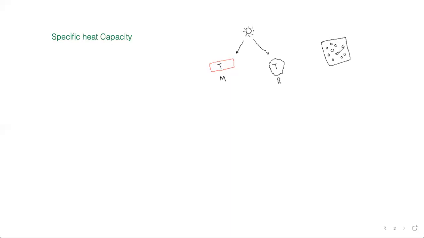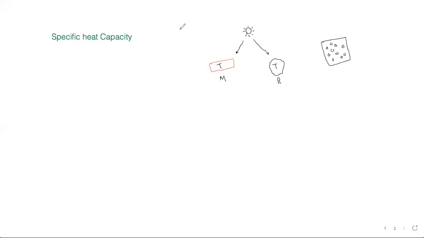Now with some materials, it is very hard to give vibration or energy to the particles if they are very strongly fixed at their positions. And with some materials, it is very easy for us to warm them up. That is the case of the metal compared to rock.